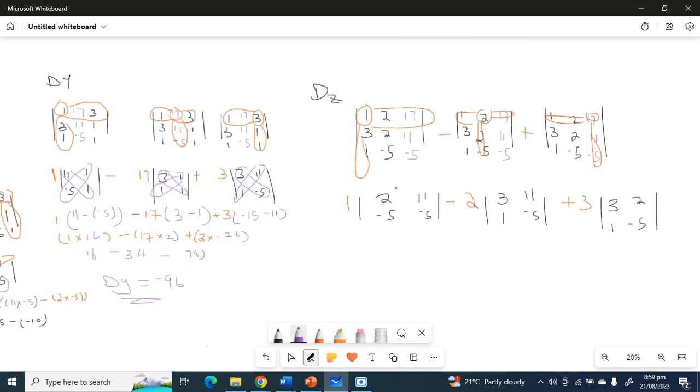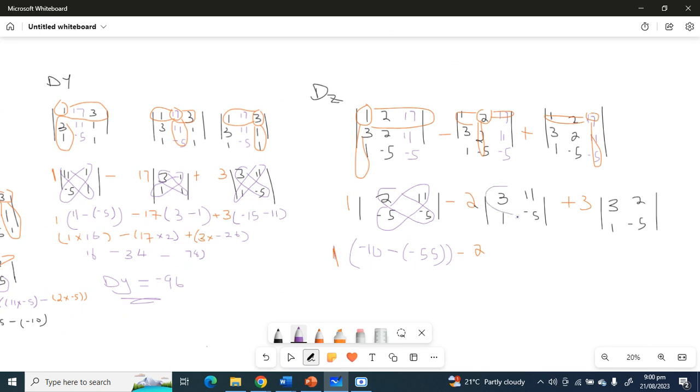You start with the leading diagonal, 2 times negative 5, that's negative 10, minus 11 times negative 5, that is negative 55. Minus, and we have 2 here.